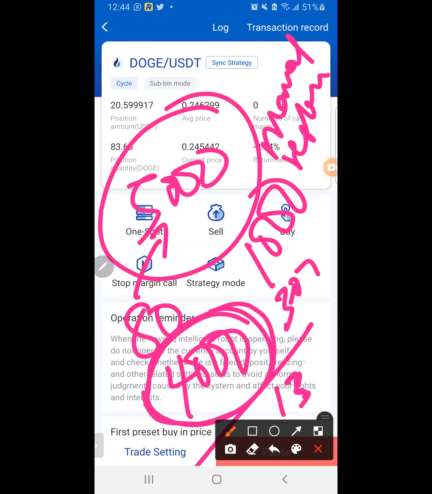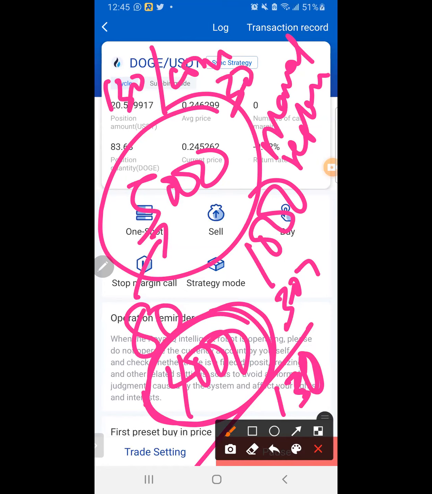Sorry, instead of 13, divide it by 130, because that strategy is $130 per coin. So you divide 4,000 by 130. Sorry, it's not by 13. 4,000 divided by 130, and that should give you 30.